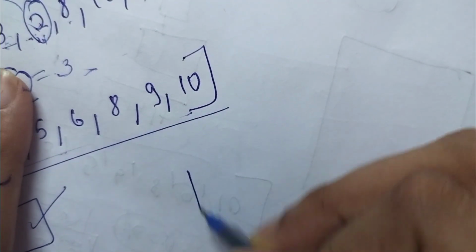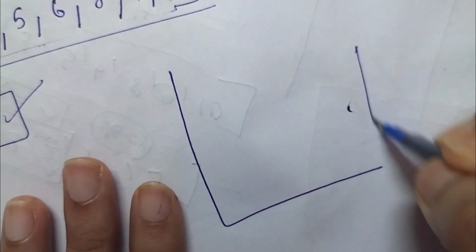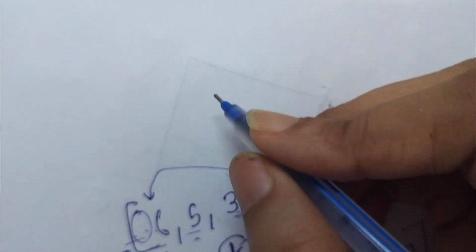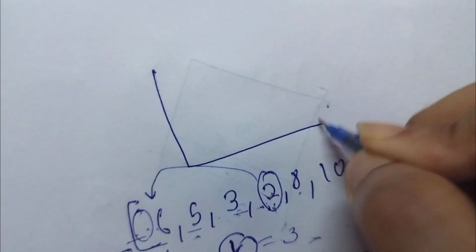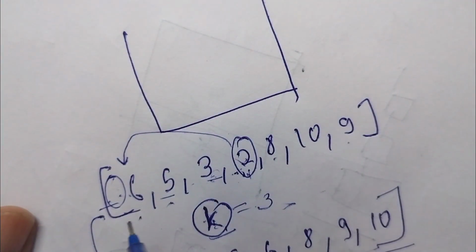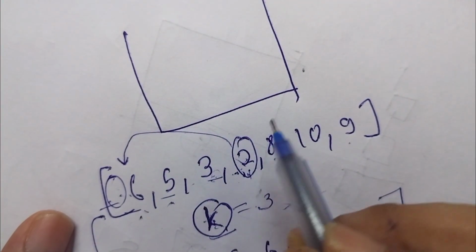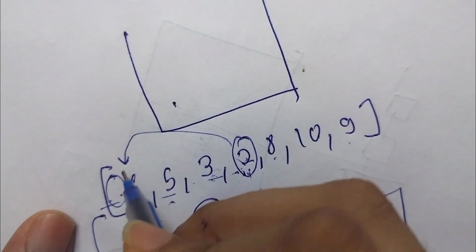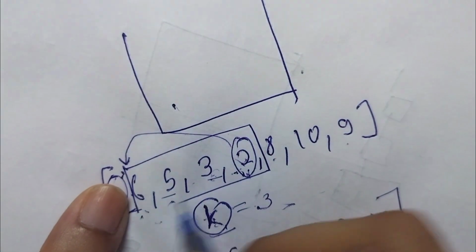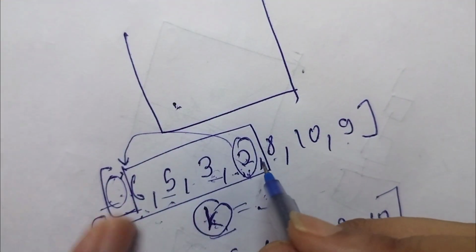So I will make a heap here, so that you can see the array. First of all I will push k plus 1 elements from the array to the heap. K plus 1 means if k is 3, I have to push these 4 elements into the heap first.